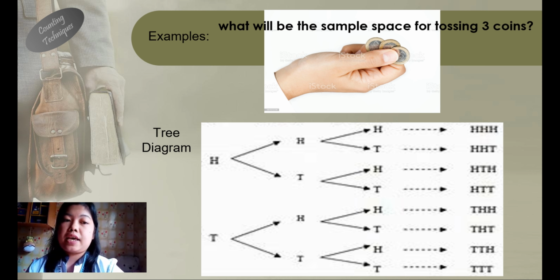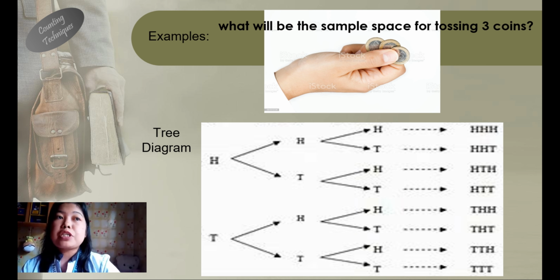If we get heads, we can also get another heads and tails. And if we get tails, we can also get another heads and tails. Since we are using three coins here, we have to repeat this one more time. We have also H and T, and then repeat the process.